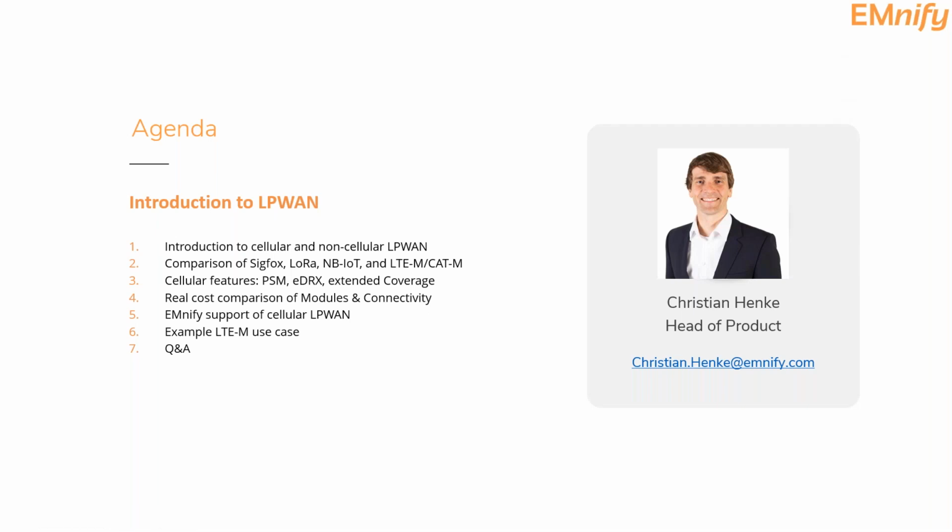We are going to talk about cellular and non-cellular low power wide area networks, some comparison of Sigfox, LoRa, narrowband, LTE-M, Cat-M, as well as Cat-1, some cellular features that are new with this LPWAN and provide better power consumption for cellular networks, and a real cost comparison of modules and connectivity.